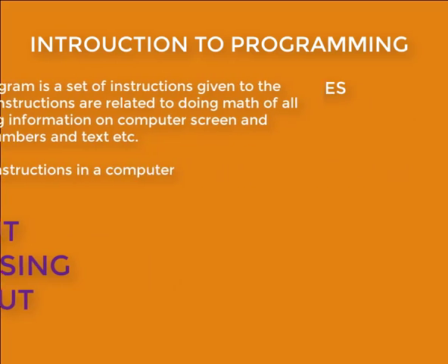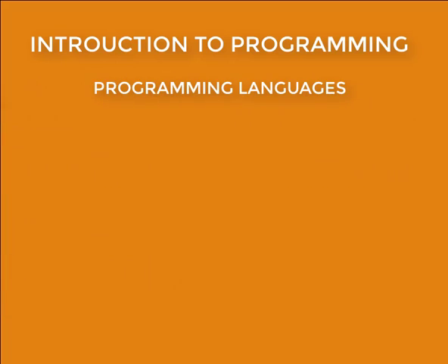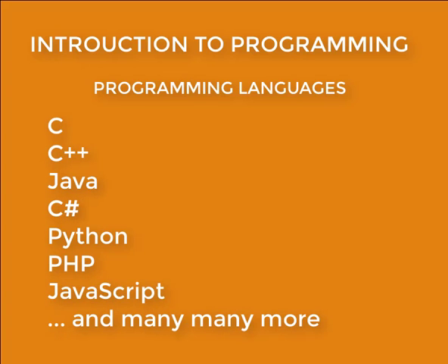A computer program is written in a specific language, and there are many programming languages that you can learn and use. A programming language is like a natural language like English or French, except that it has its own grammar. For one, you must follow the grammar very carefully, very closely.